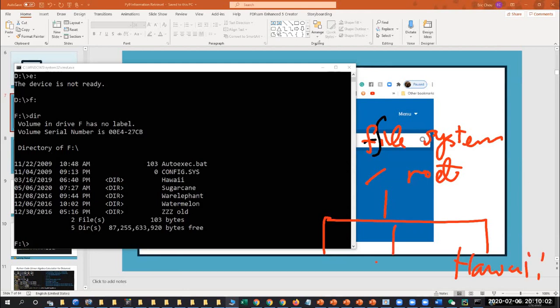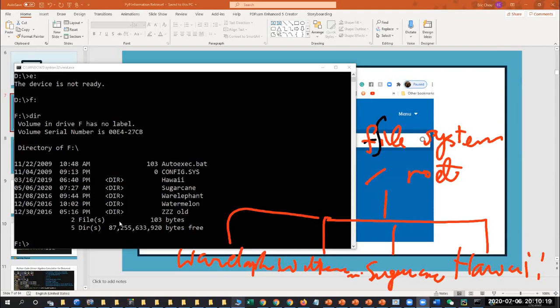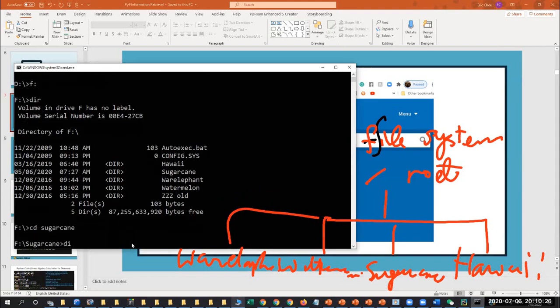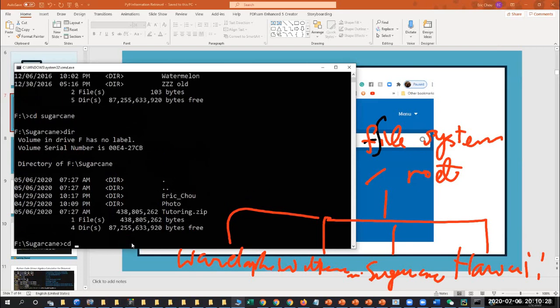I have a sugarcane, I have a watermelon, I have a war elephant. Okay. So those are different directories, and I can go into there. So if I want to go into sugarcane, I go cd sugarcane. Okay, yeah, that's a directory, and then cd photo.